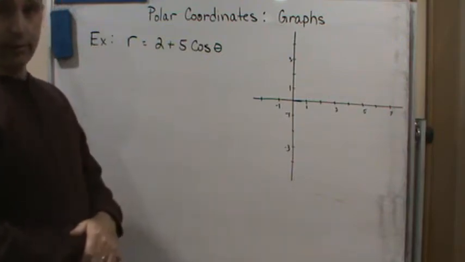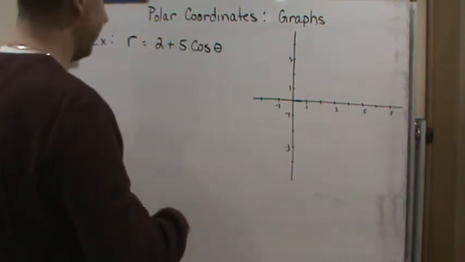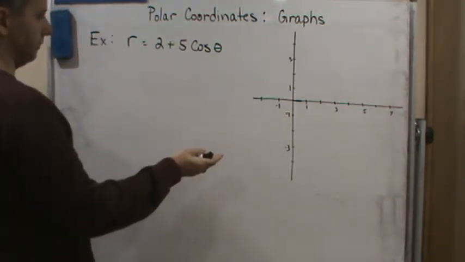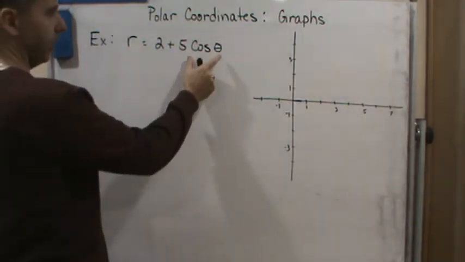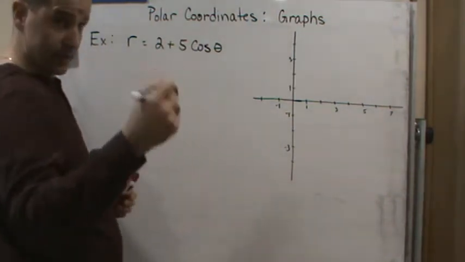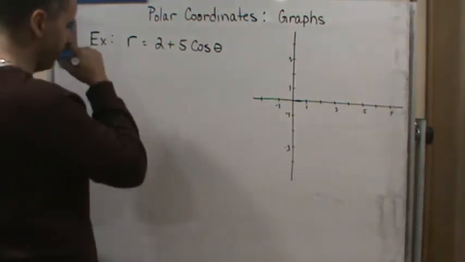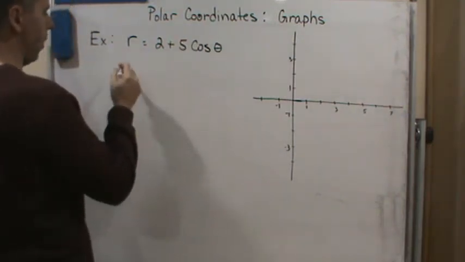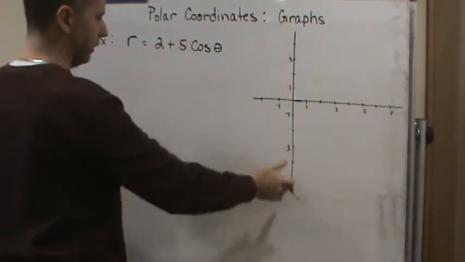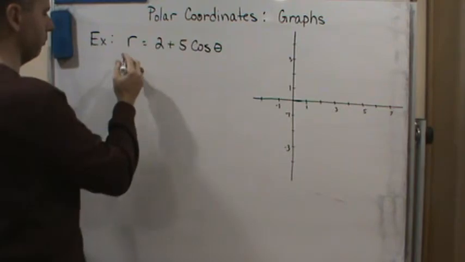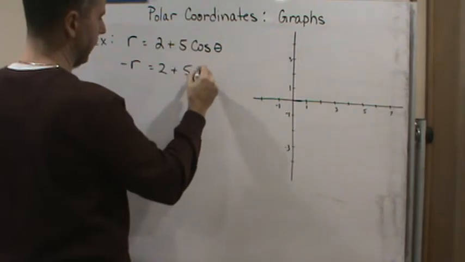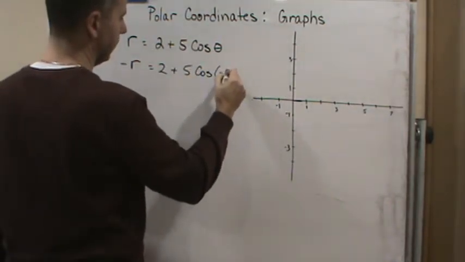So first things first, what? Test for symmetry, right? I know this is going to be symmetric with respect to the polar axis because, knowing the characteristics, we're dealing with cosine. But let's do the test anyway to verify. If we do negative r, with theta equals pi over 2, negative r equals 2 plus 5 cosine negative theta.